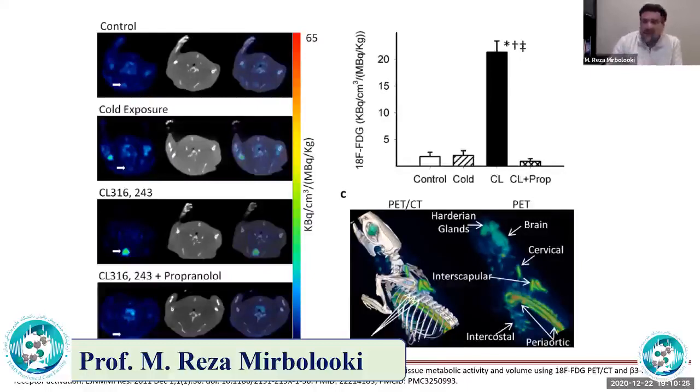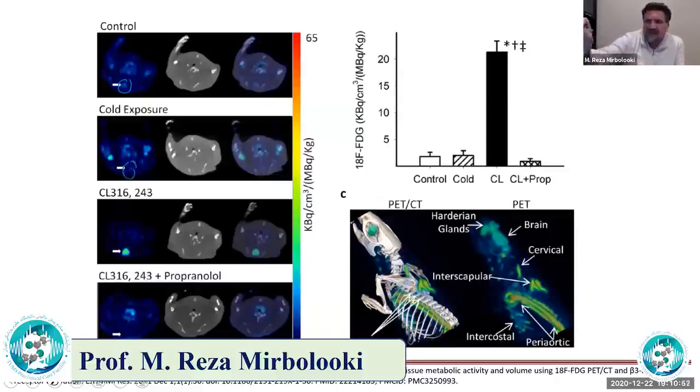So what you see here is known as interscapular brown adipose tissue. You see that in cold, it's getting activated as compared to the control.